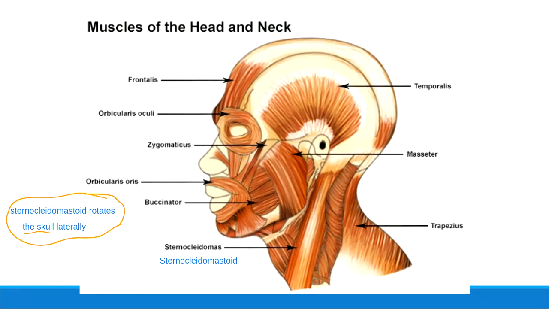The skull goes from being forward to being sideways. The assignment also asks you about your bilateral action. When I take both of these insertions and bring both of them toward the origins, it goes down.